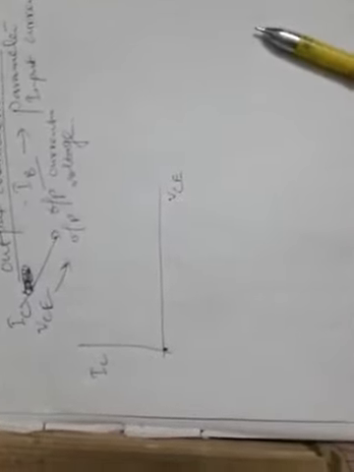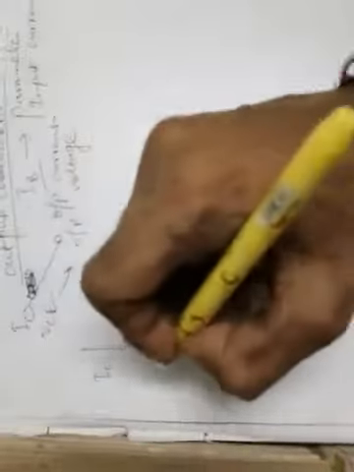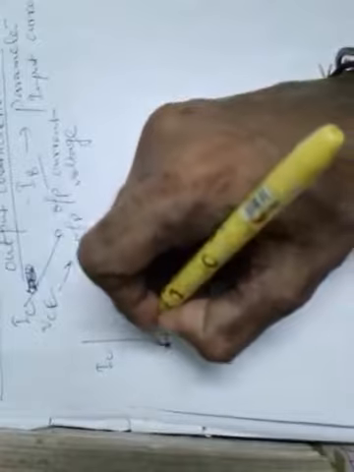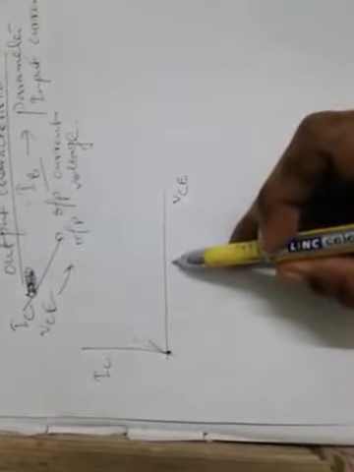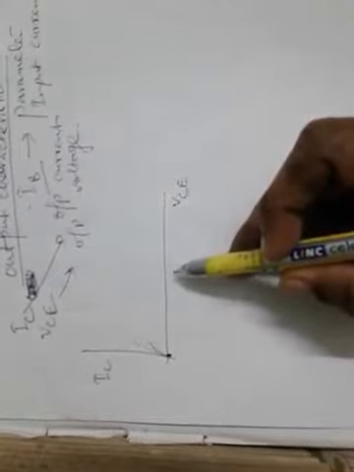When VCE is increased from 0, the collector current will rise sharply. So the characteristic curve will move like this first. It will increase sharply, sometimes just vertically, parallel to the current axis or y-axis. And when VCE is a few tenths of a volt, that means appreciably large, the collector current will become almost constant.